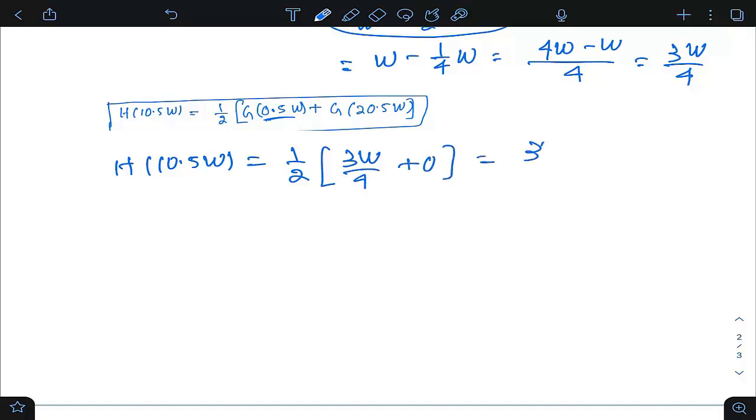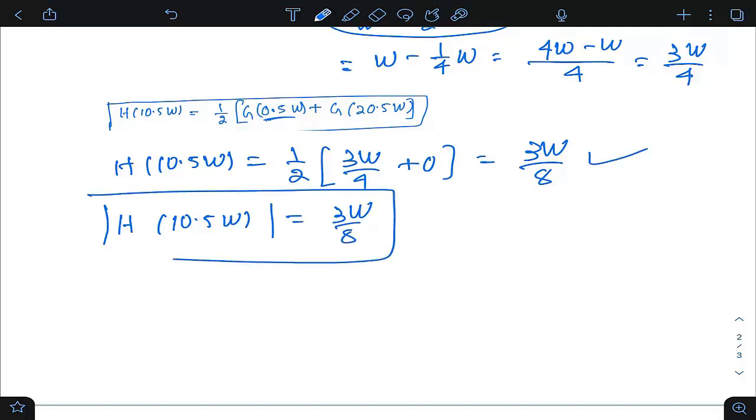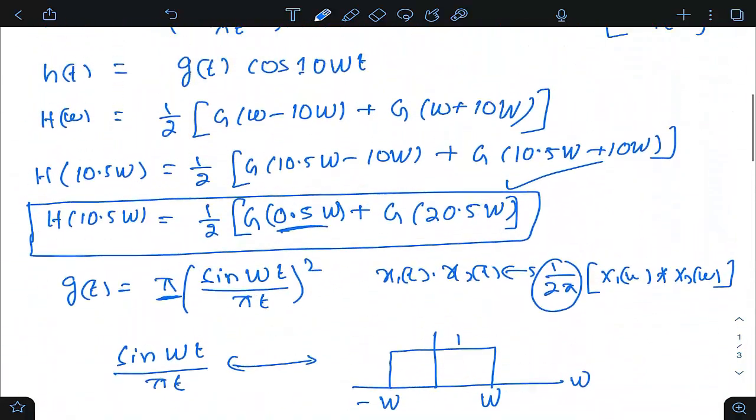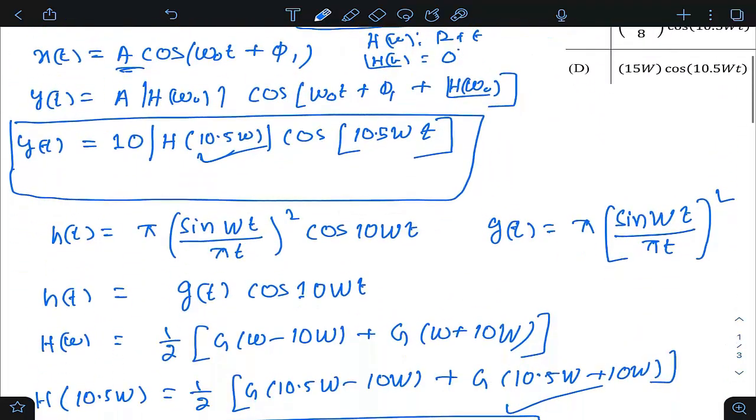So this is 3w by 8. If I ask you to take the magnitude, it's a real and positive quantity, so this is also 3w by 8. Now you got this, and you need this one, your final answer.